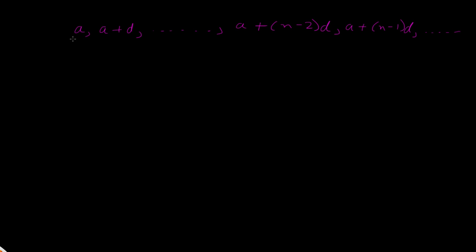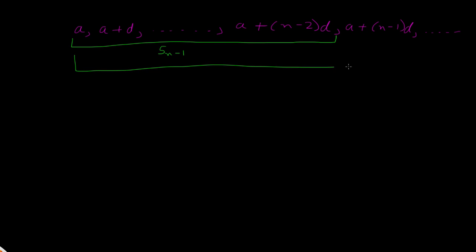Now let's say we know the sum of first n minus 1 terms, that is we know Sn minus 1, and we also know the sum of first n terms, and we want to find the nth term. Can we do this? Yes.